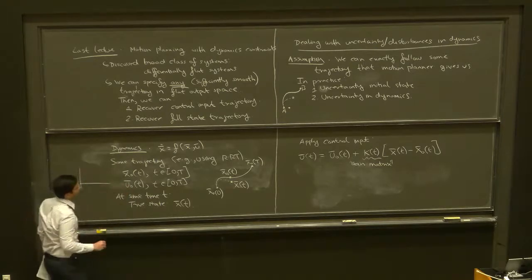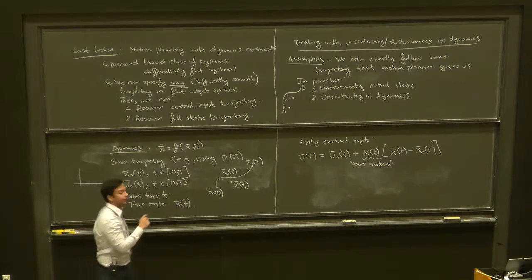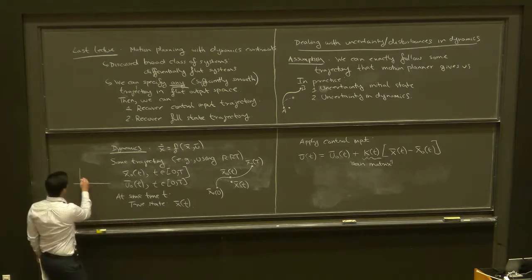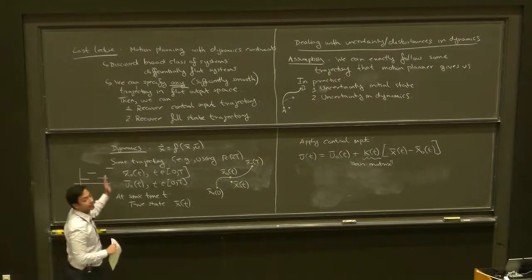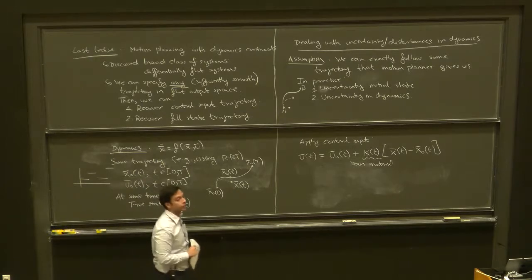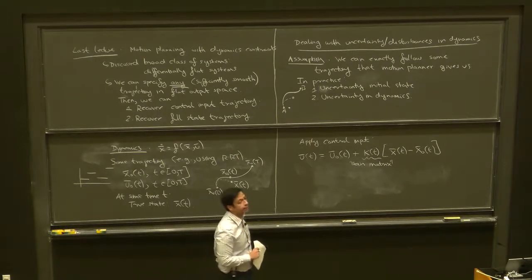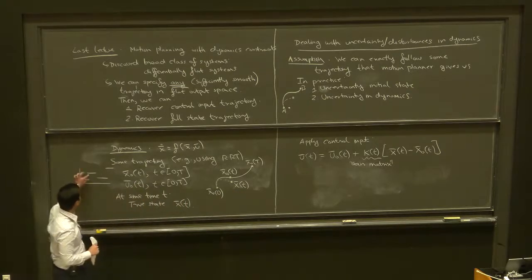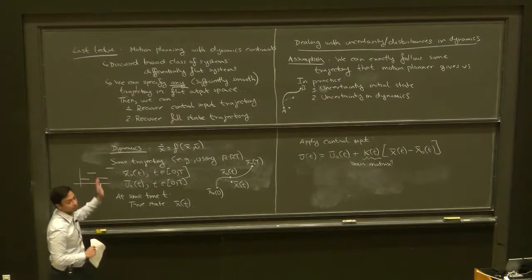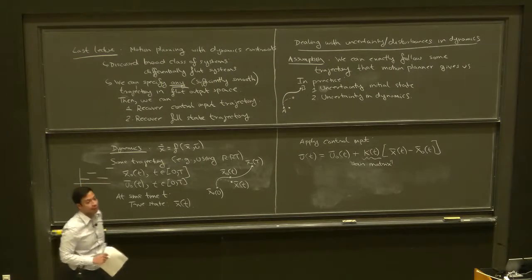In one of the versions of the algorithm I described today, you might end up with control inputs that look sort of like this, maybe piecewise constant, but it's defined for every point in time. Yes, exactly. Even if it switches, you can still query the control input for any point in time.